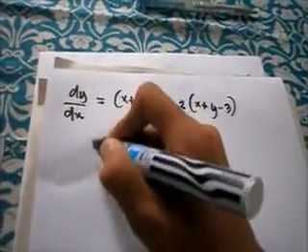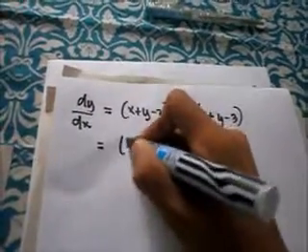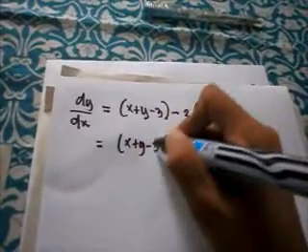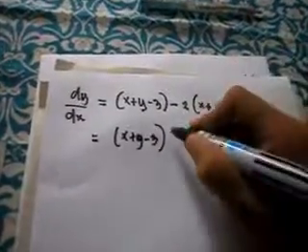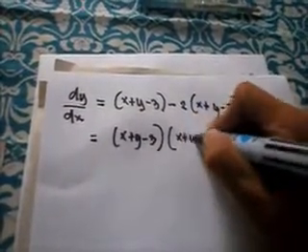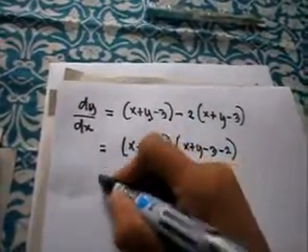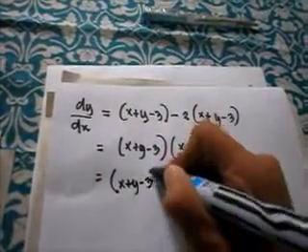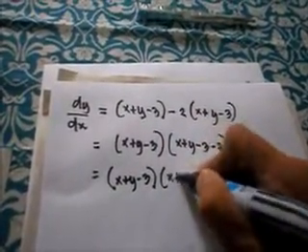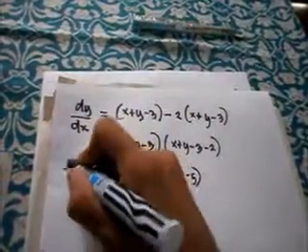If we separate, x plus y minus 3 is common, times x plus y minus 3 minus 2. So we have x plus y minus 3 times x plus y minus 5 for dy/dx.